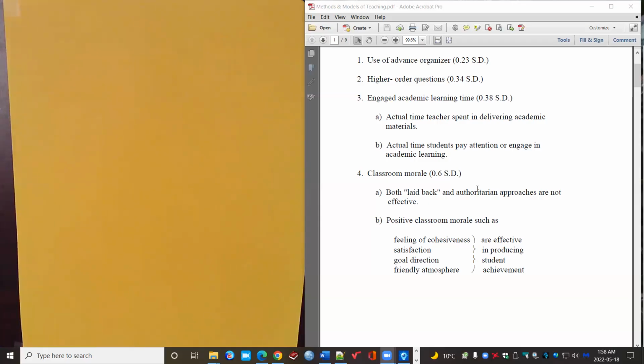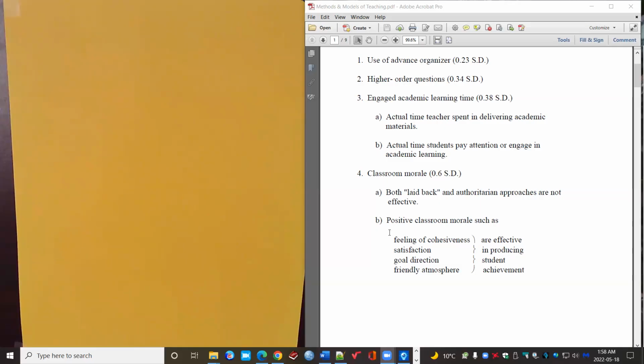But instead, positive classroom morale, such as feeling of cohesiveness, satisfaction, goal direction, friendly atmosphere, all of these are effective in producing student achievement.